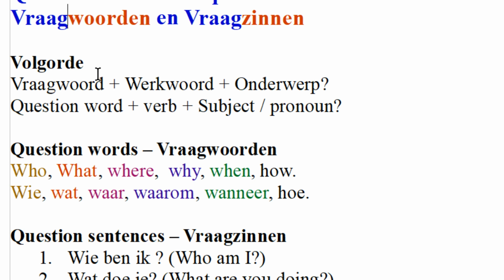To form a question sentence or an interrogative phrase, we use the vraagwoord, that is the question word, then the werkwoord, that is the verb, and in the end we add the subject, and in the end we add this question mark. There can be other things in the question sentences or the Vraagzinnen, for example the object, the time, the place, etc.